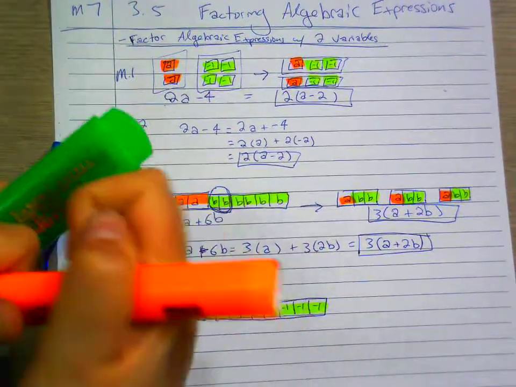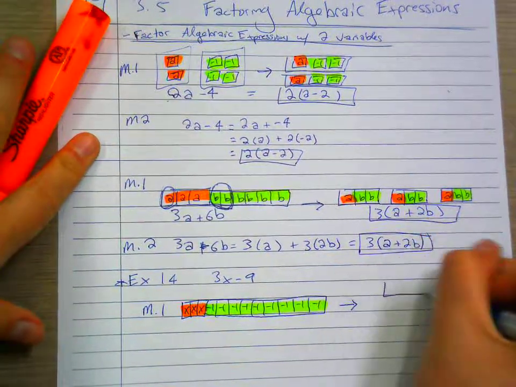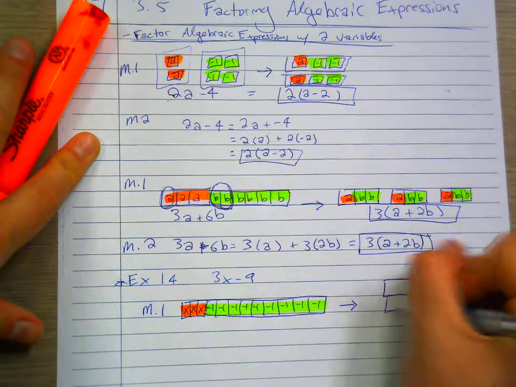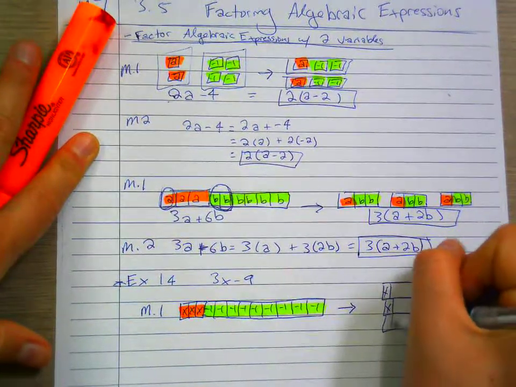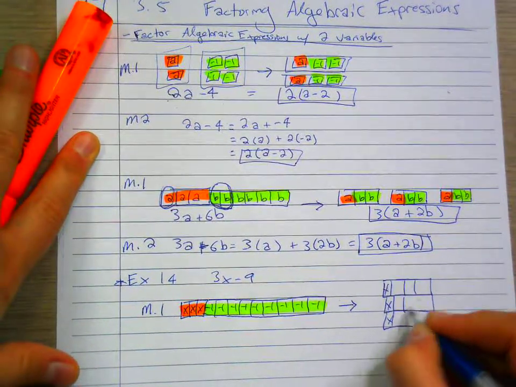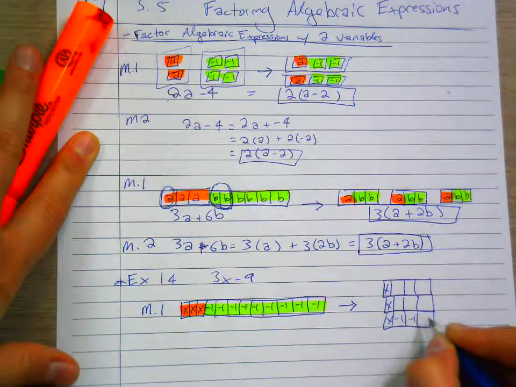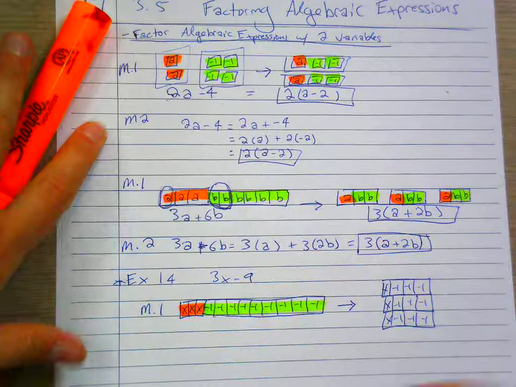Now, our least common denominator is 3, so we could divide that into 3 groups. And each one's going to have 1 x. And to divide this into 3 groups, each one will have 3 negative 1s. Notice they're all accounted for here.